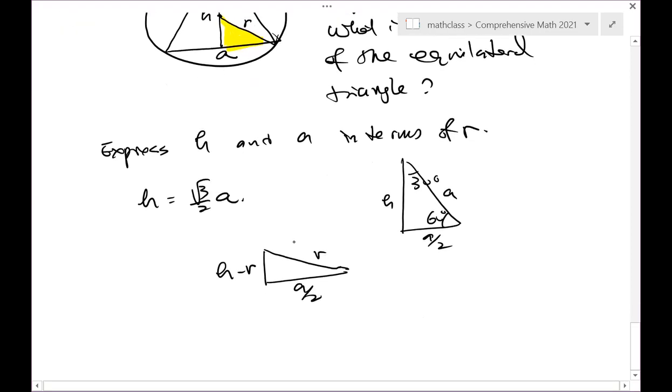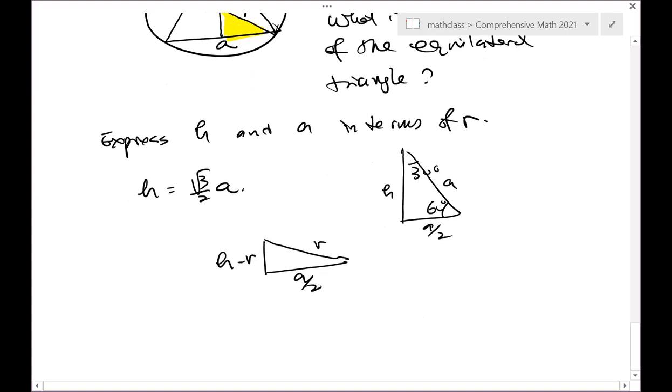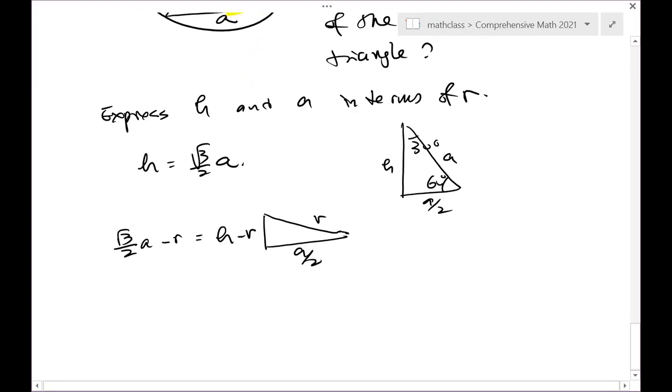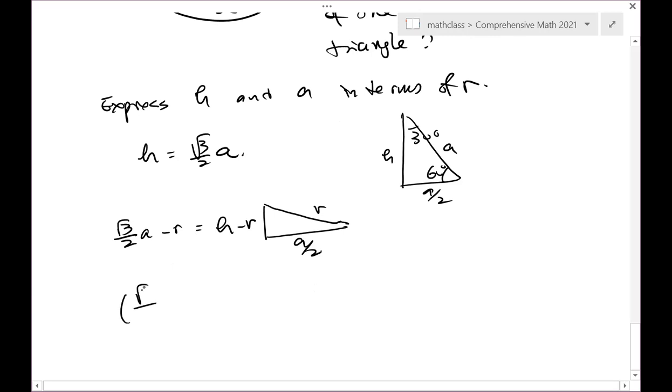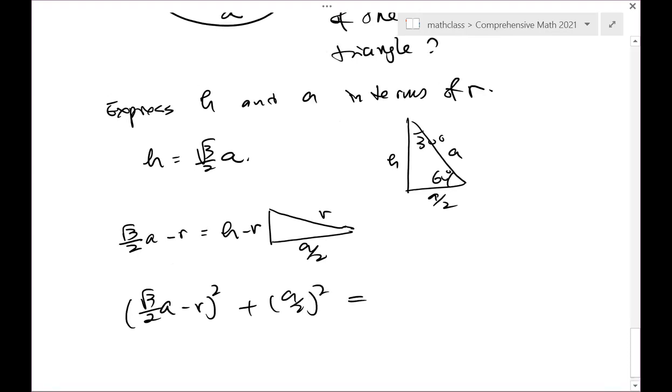Then you find the equations among them. H is going to be square root 3 over 2 A, so write down the equation: (square root 3 over 2 A minus R) squared plus (half of A) squared is going to be equal to R squared.